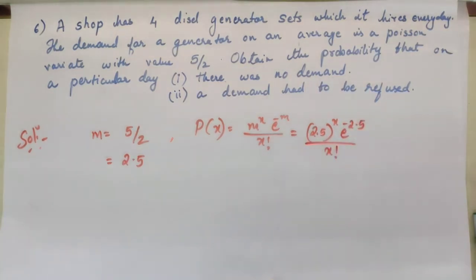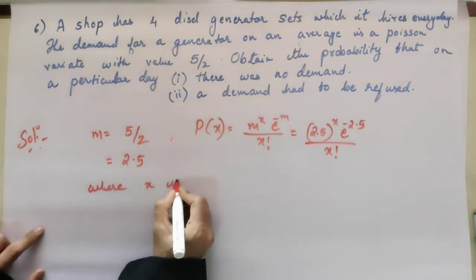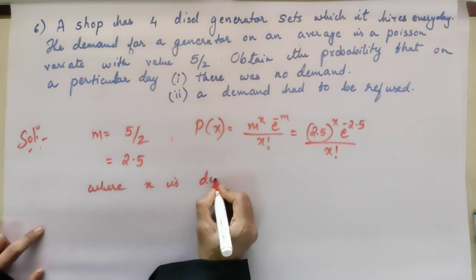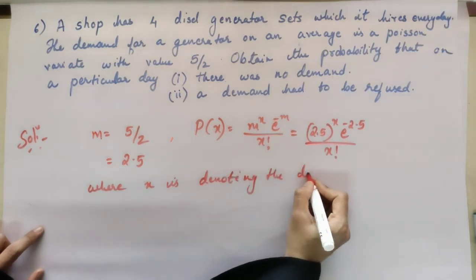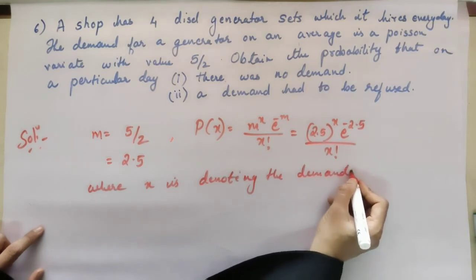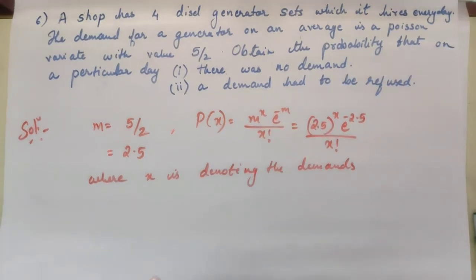This is our P of x, where x is denoting the demand for the generators. Because demand is following the Poisson variate, I can relate my x to the demand of the generators.